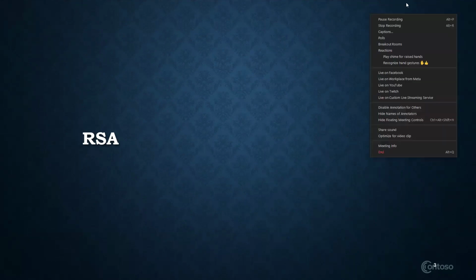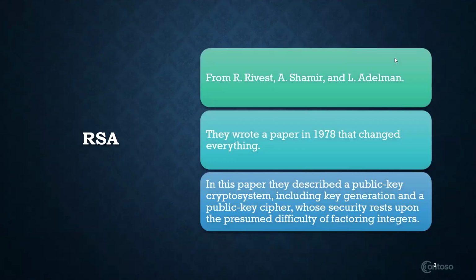RSA comes from the names of the authors of this algorithm, namely R. Rivest, A. Shamir, and L. Adleman. They are the three men who published the idea of RSA in a paper in 1978.